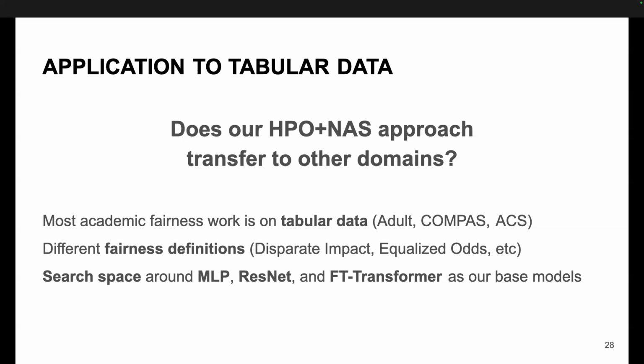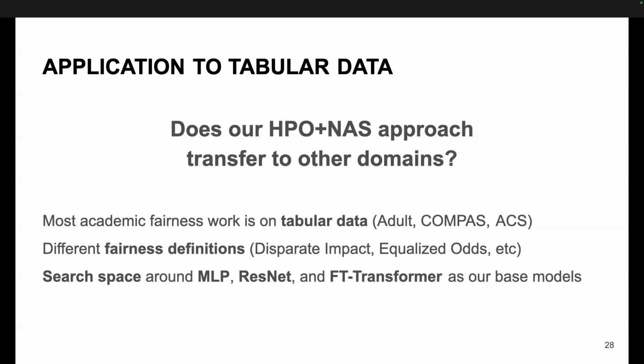As you saw, it's a pretty complex space, and there's not too much work in bias mitigations there. So it's very important to improve on bias mitigation techniques there, but it's not as competitive a space.